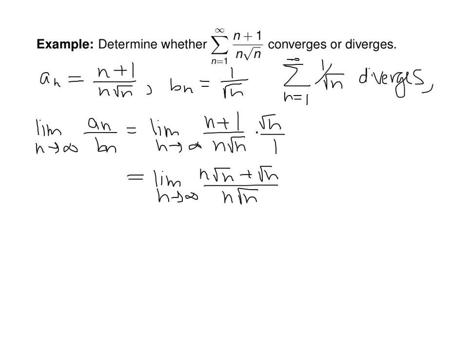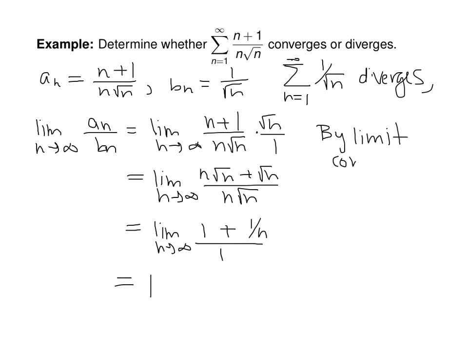If we divide the numerator and denominator by n root n, the limit as n goes to infinity of 1 plus 1 over n over 1 is once again 1. And so since this limit is a positive finite number, by the limit comparison test, the sum from n equals 1 to infinity of n plus 1 over n root n diverges.